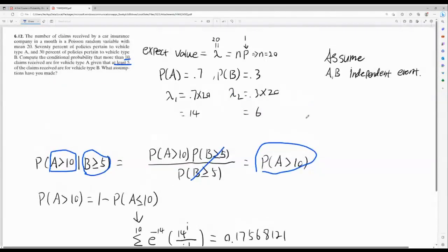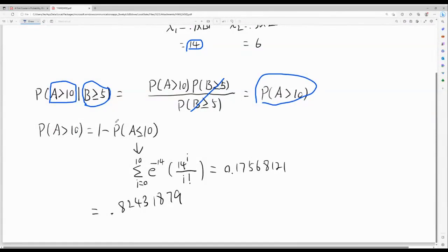To calculate this, we need the mean value of the Poisson random variable. So lambda equals n times p, where n equals 20, and we calculate the lambda for type A. That will be 20 times 0.7, that's given here, 70%. And we got 14 here, and we just plug into the formula.